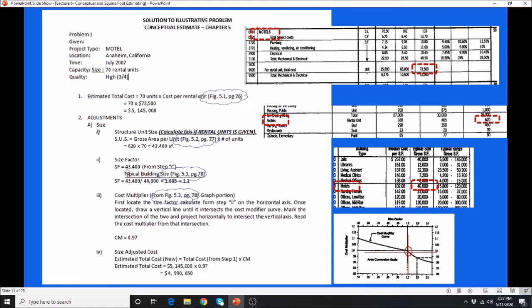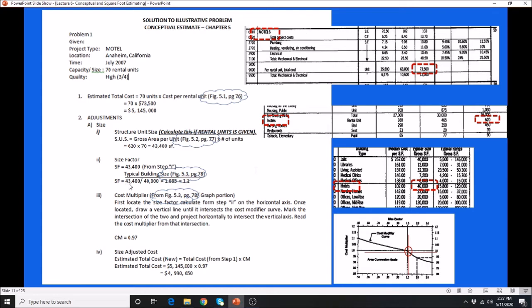This should be 43,000 divided by, this line here should be in between these two. All right, so we have here now the 43,000, that's the SUS, divided by the typical building. That gives you 1.085, or that is 1.1. I want you to round it up to the first decimal place. Once we have that 1.1, that's a size factor.